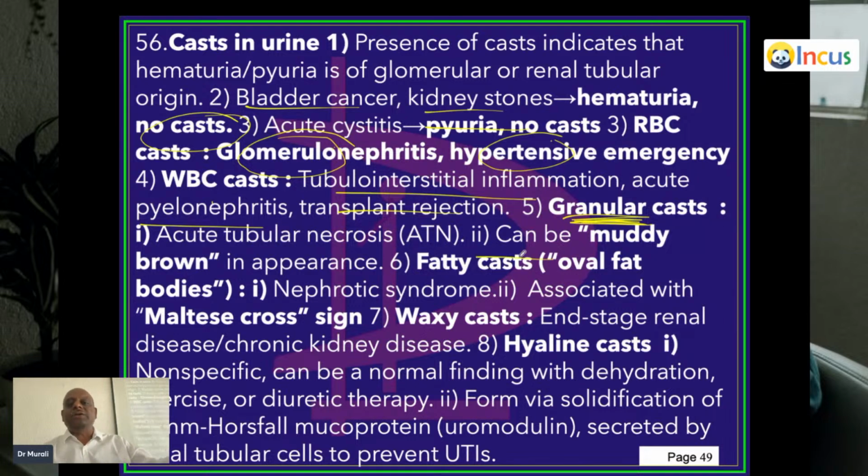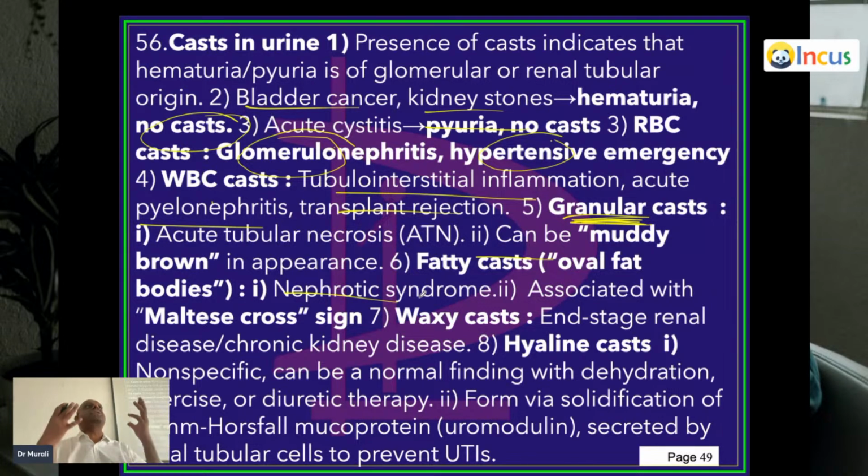Then fatty casts, in nephrotic syndrome, because in nephrotic syndrome there is lipiduria and proteinuria that lead to fatty casts. In that you get what is called the Maltese cross sign, because of the fatty casts and lipiduria.